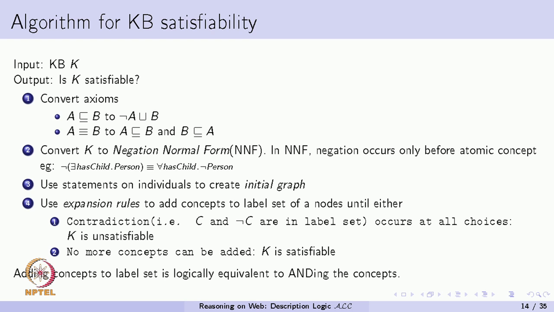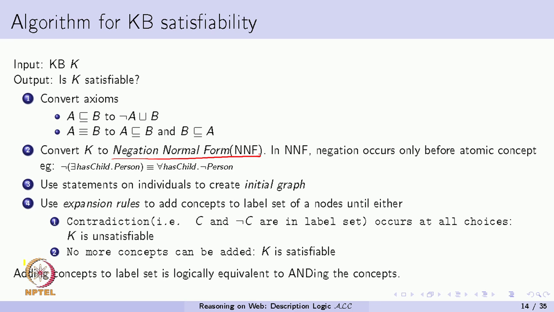Okay. So, we need a little bit of detail here. To work with the Tableau method, we need to work in something called negation normal form. Remember that when we were talking about the resolution method, we said that everything has to be in clause form or conjunctive normal form. In the case of Tableau methods, it has to be in this negation normal form.